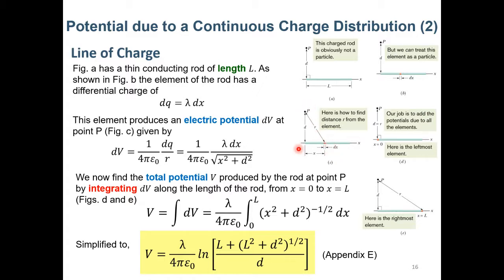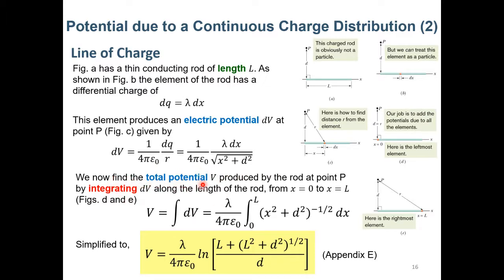This is R, and this is the x direction, so R will be the square root of x squared plus d squared. We substitute this to here, so dV will look like this.